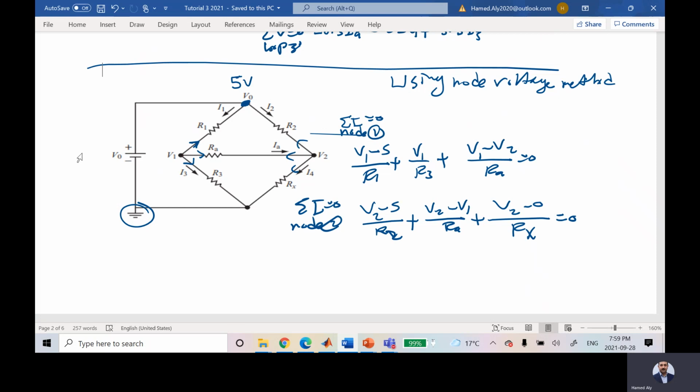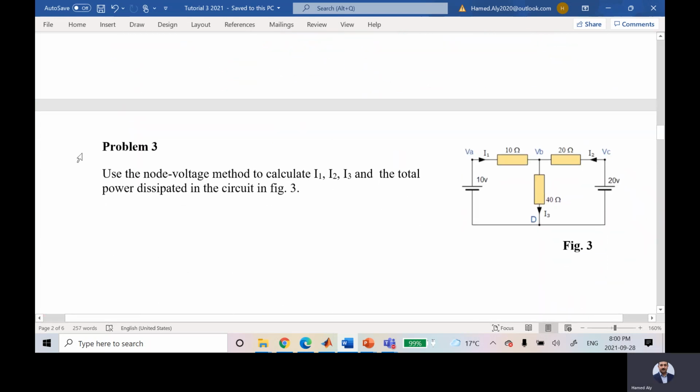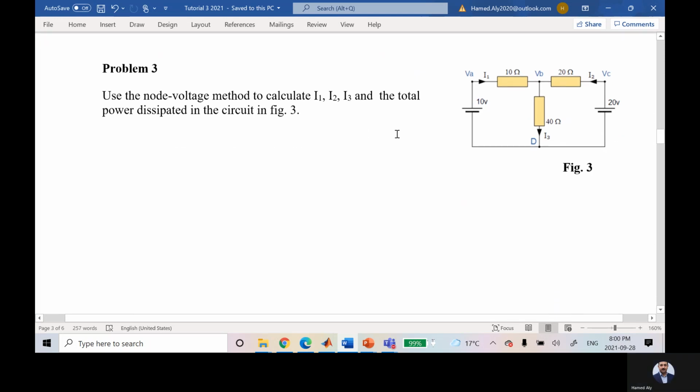Let us solve more problems. I'll try to solve very quickly. Use node voltage method to calculate I1, I2, I3. I think this problem is straightforward. It's similar to the problems that you have in the assignments.